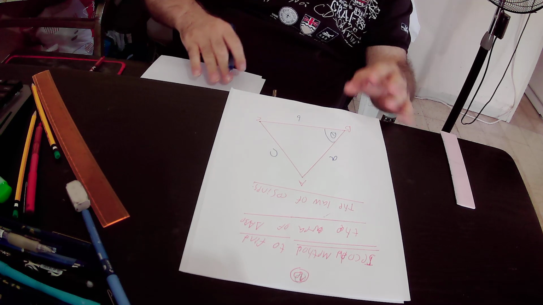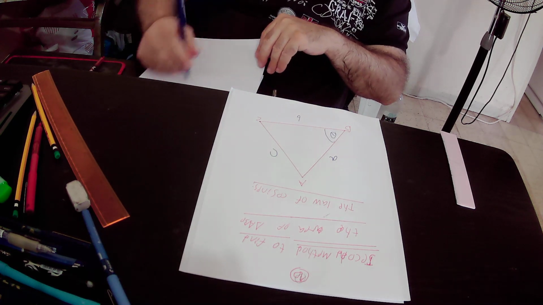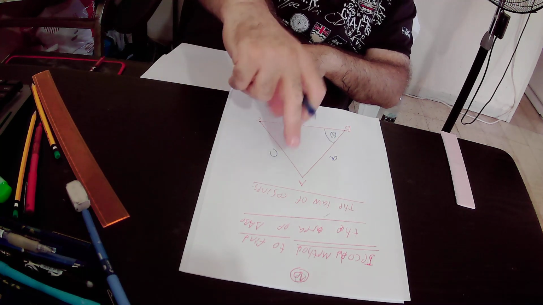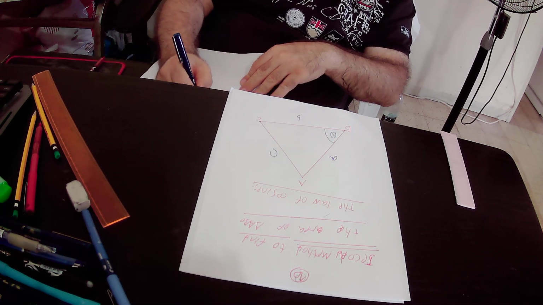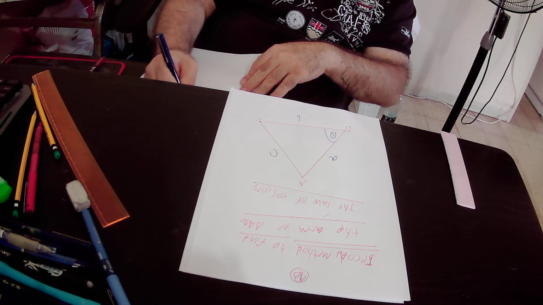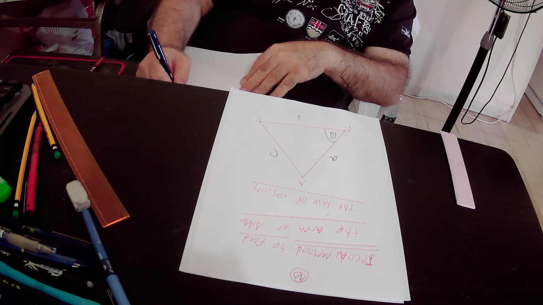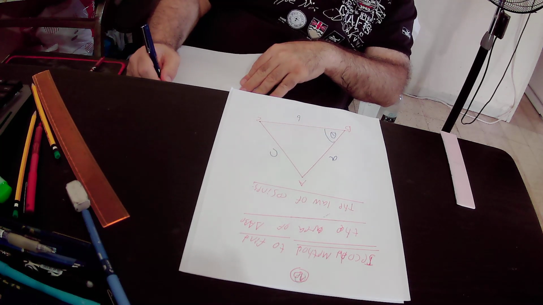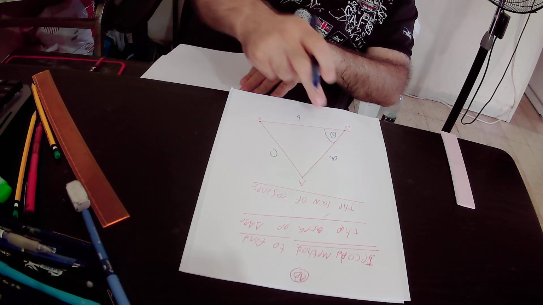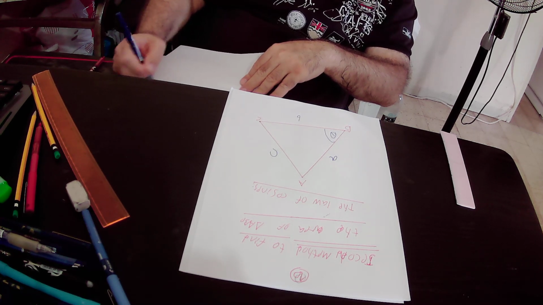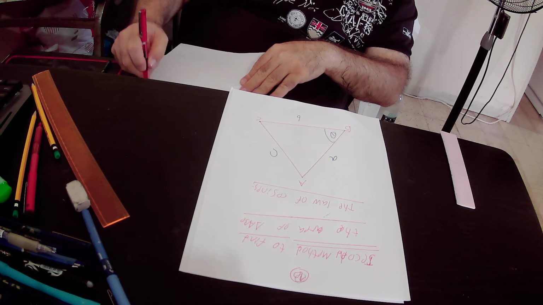Then, according to the law of cosines, c squared equals a squared plus b squared minus 2 times a times b times cosine theta.